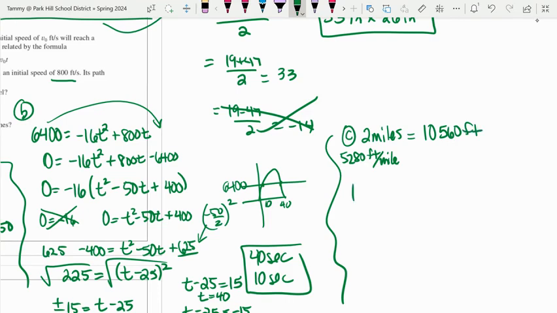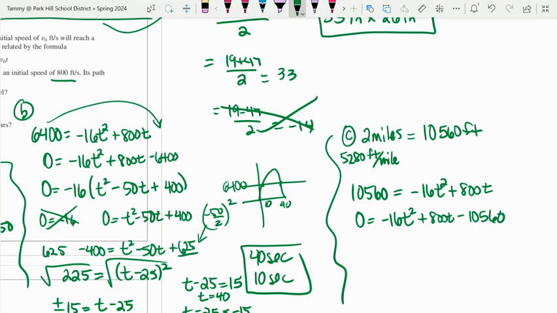So we do the same thing again: 10,560 equals negative 16t squared plus 800t. We'll set it to 0, so 0 equals negative 16t squared plus 800t minus 10,560. Can we divide everything by 16? 10,560 divided by 16 does divide, so I'm going to divide everything by negative 16.